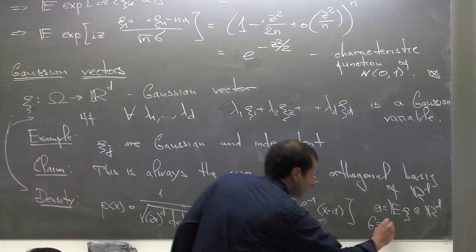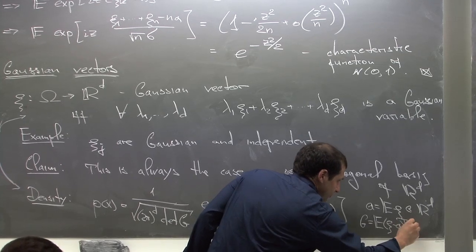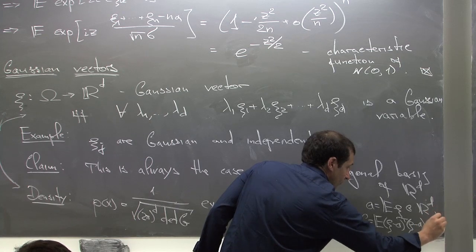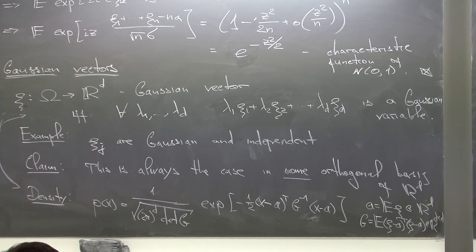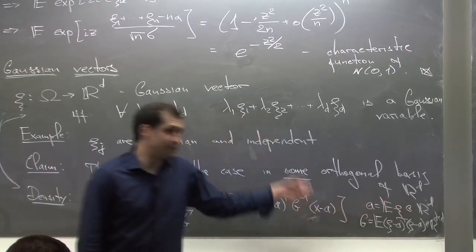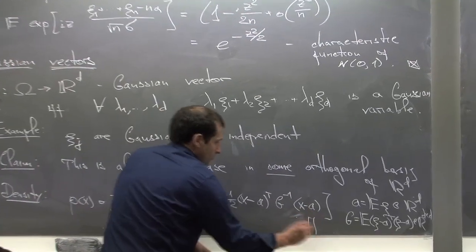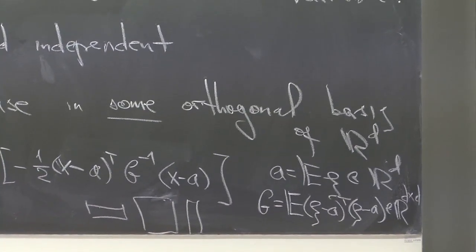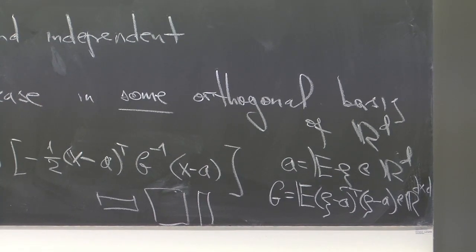So this is (xi minus a) times (xi minus a) transposed. This is the matrix. Here, I think about elements of R^d as columns. So here is a column, here is a matrix, and here is a row. I just multiply all of them, and what I have is a number. Okay, just about the notation.